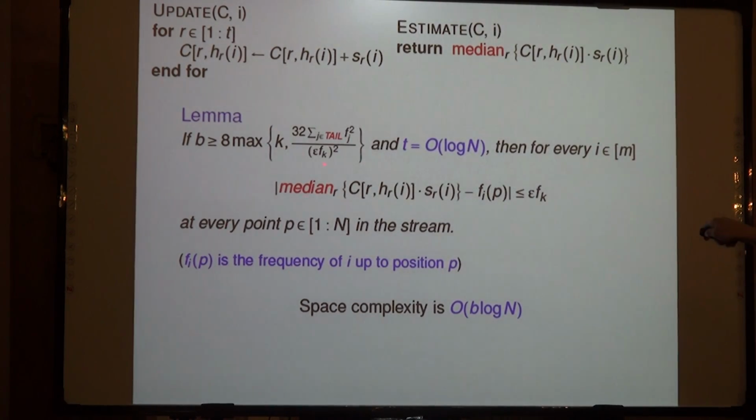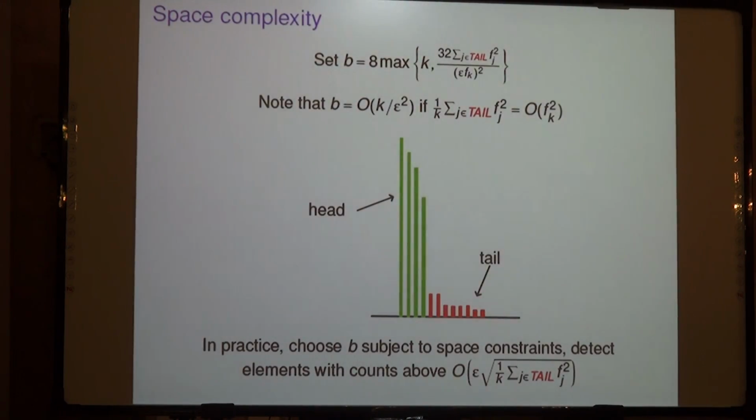On the other hand, if the mass of the kth frequency squared is actually quite large, at least, say, 1 over k fraction of the sum of squares of frequencies in the tail, then we'll hash into about k buckets. So indeed, in the worst case, this will require n space.